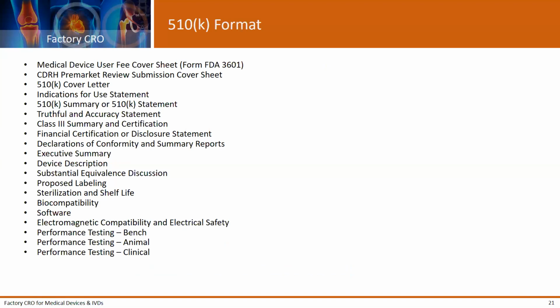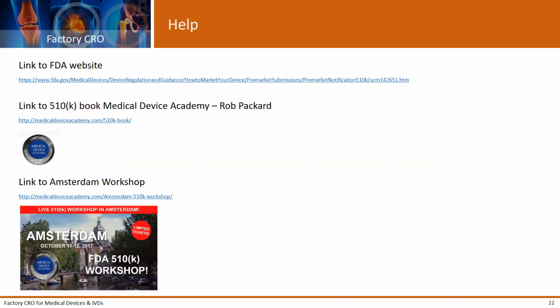And if we move to the next slide, I put a picture in there, for October 11 and 12. If you attend the workshop there, you will also receive a book from Rob Packard's Medical Device Academy, and this book will provide you all the information for the 510K dossier. Okay, please advance.